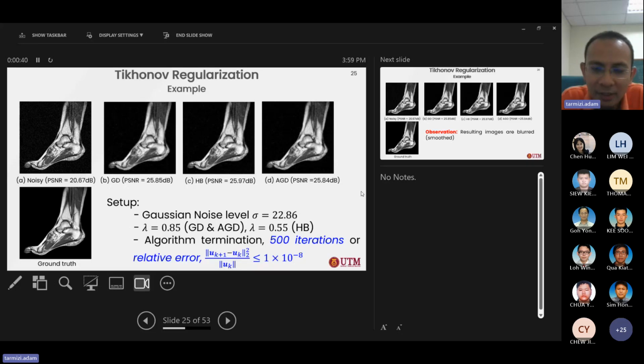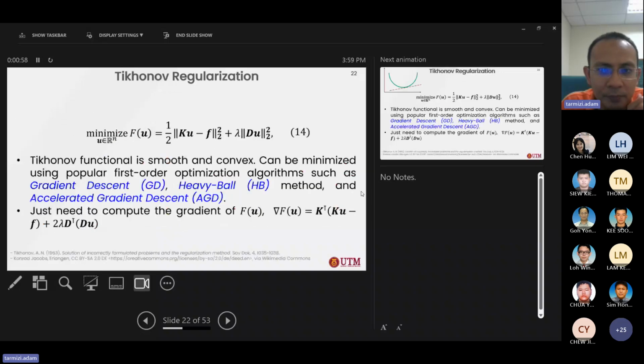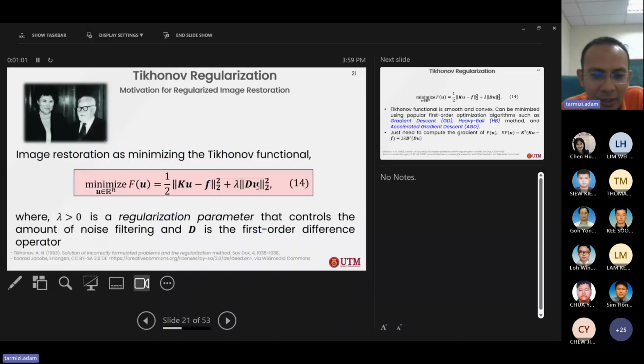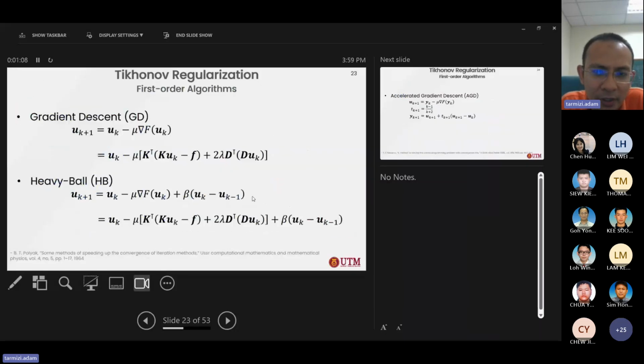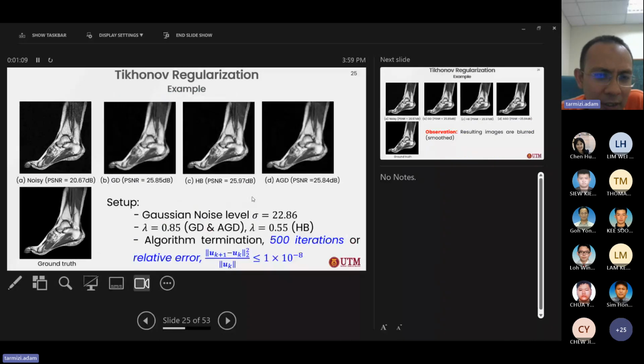No, I haven't tried, but I think the results in terms of the noise filtering are going to be the same, but probably in terms of convergence, the speed is going to be different. Because when we minimize this Tikhonov function over here, whatever algorithm that you use, the output of the noise filter, the image, is going to be blurred.